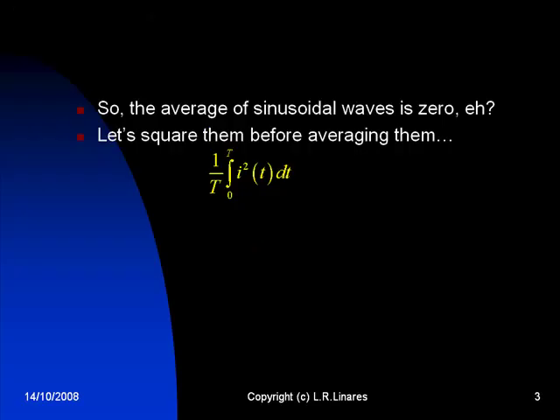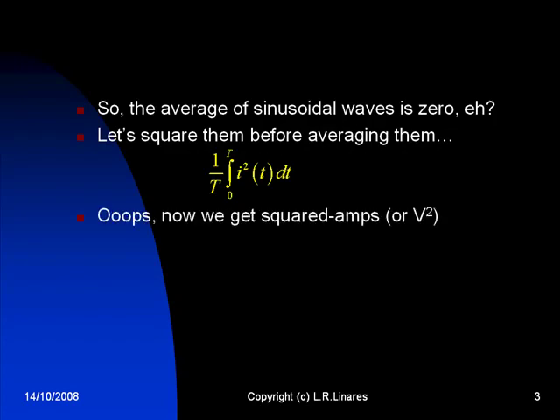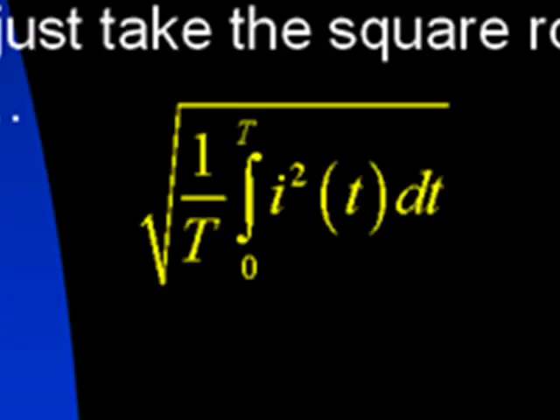A second person looked at him and said, Joe, that seemed like the right thing to do, but now you haven't got amps anymore. Now you're measuring square amps. And Joe said, oh, piece of cake. Let's take the square root of the measure like so, and we have amps all over again.